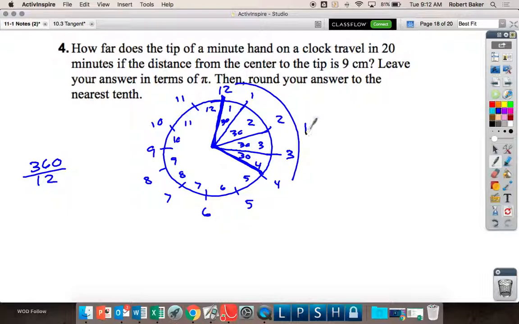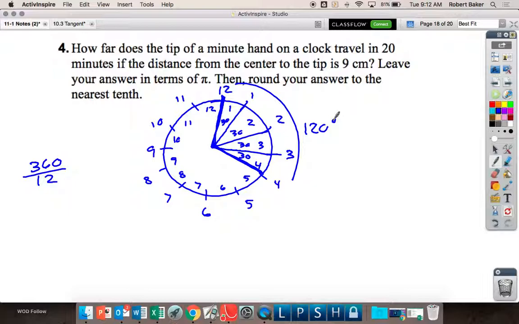From here to here is 120 degrees. So 20 minutes is 120 degrees on the clock. Well, I want to know, if that clock hand is traveling 120 degrees, what is the distance that the tip of the hand of the clock is traveling?